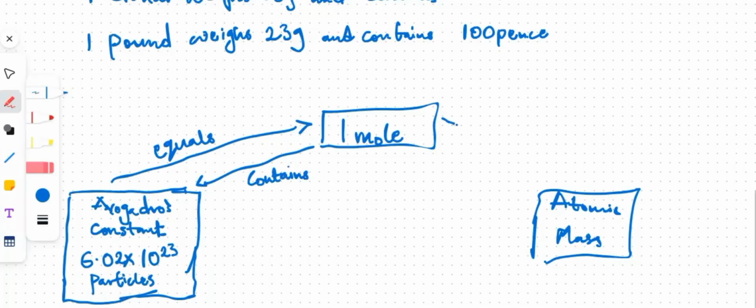Then 1 mole of a substance weighs your atomic mass, which is the same thing as your mass number, but this time around your mass number with a unit, which is gram. So it weighs your atomic mass, while your atomic mass is equal to 1 mole of that substance. For example, the atomic mass of carbon is 12 gram. It is equal to what? 1 mole of carbon.